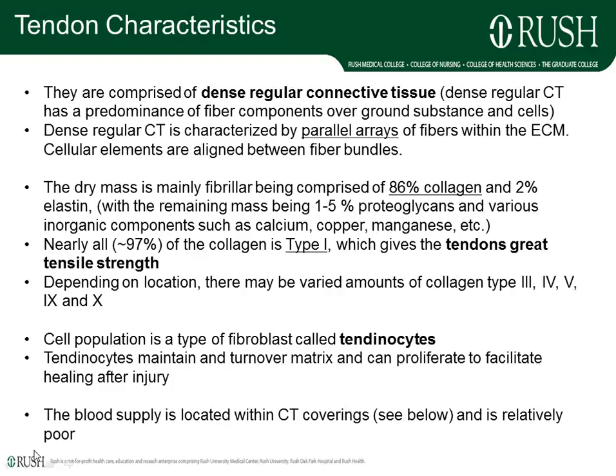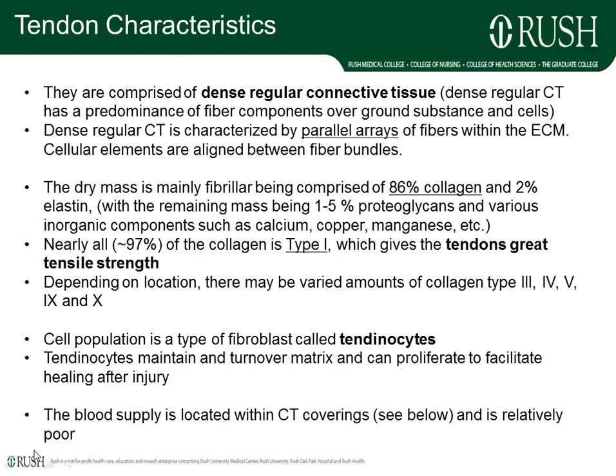It's the type of collagen that you see when you need a lot of tensile strength. Type 1 collagen has the largest diameter fibrils and fibers, and therefore is the strongest. Depending on the location, there may be varied amounts of collagen type 3, 4, 5, 9, and 10.